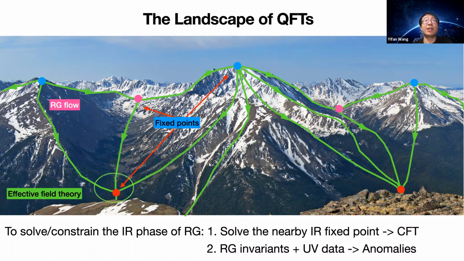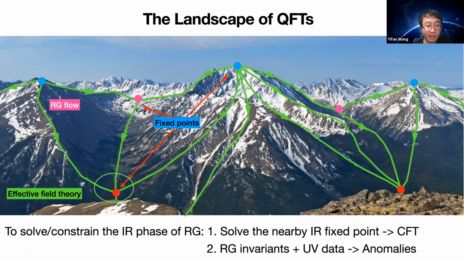In this picture, the green lines with arrows correspond to the RG flow, and you have these peaks, these saddle points, these basins, which correspond to fixed points of the RG flows. And the saddle points can have, for example, stable and unstable directions.